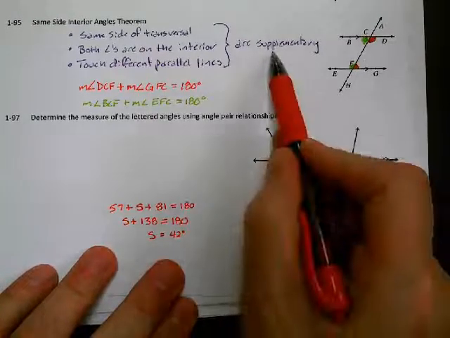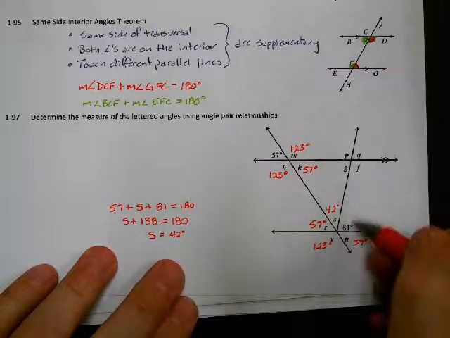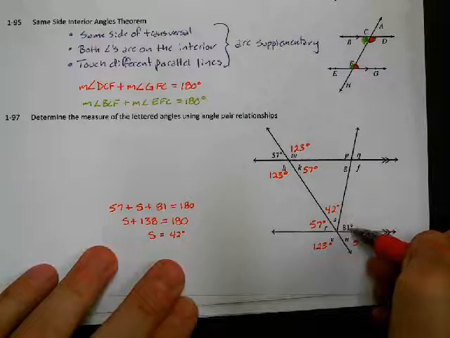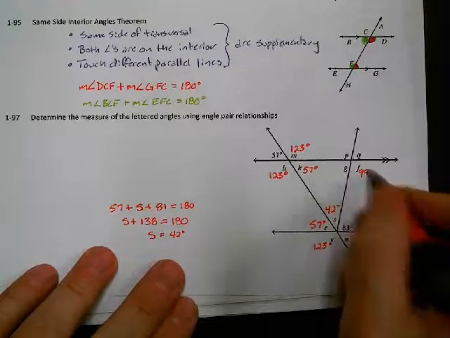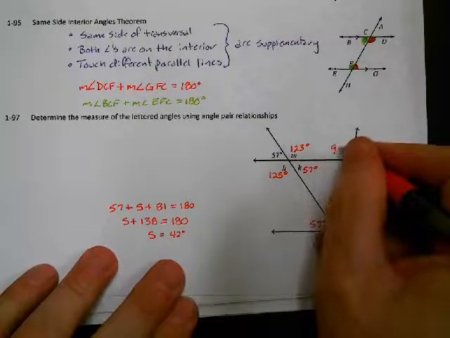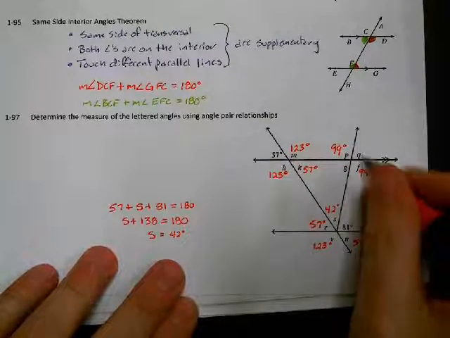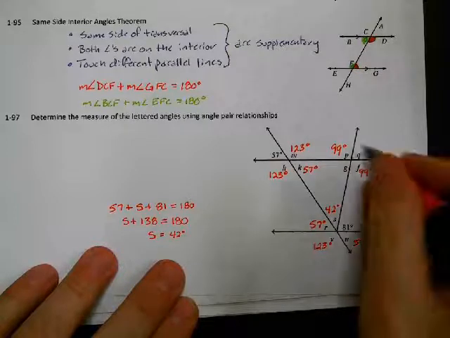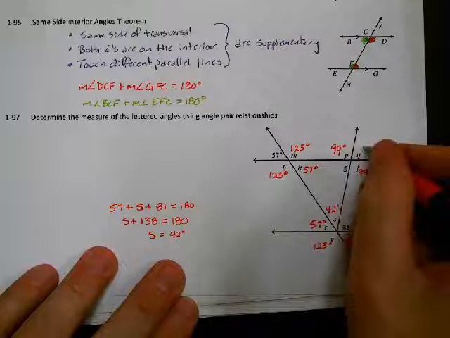So these two should add up to 180 degrees. So we know that F must be 99 degrees. P is vertical angles with that one. So P is 99 degrees. Q and 81, those are corresponding angles. This one's exterior, this is interior. They're on the same side of the transversal. So this is 81. And then vertical angles, and that's 81.